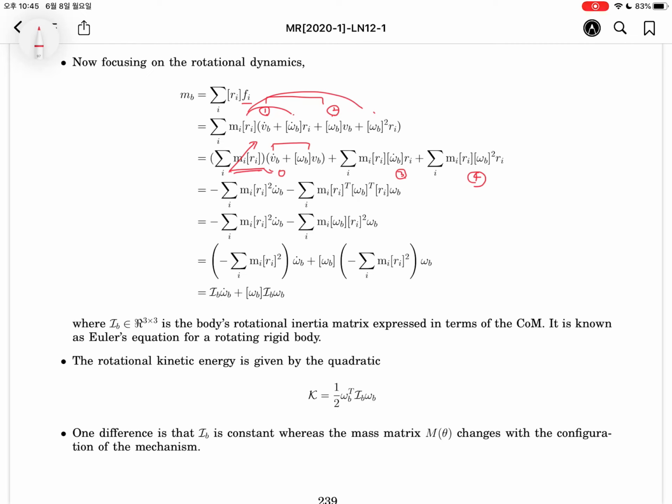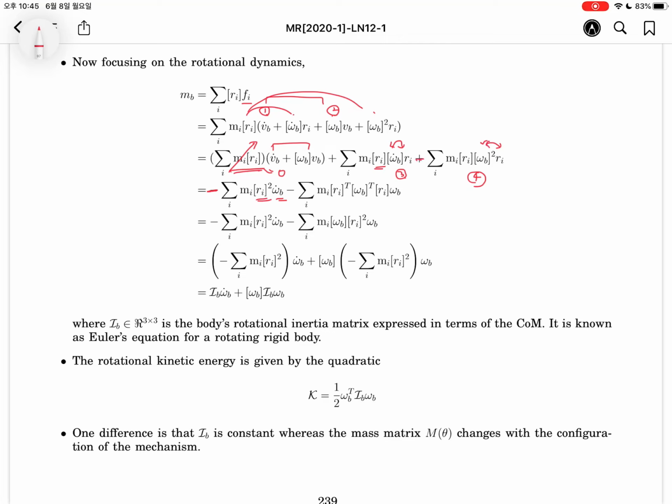Okay, and then from here, if we exchange these two terms, then the minus will be required, and then the Ri matrix appears two times, and then omega b dot. Okay, one more. It has the two square matrix, so one is exchangeable, Ri and omega b.